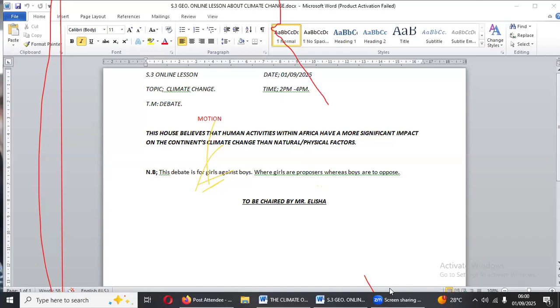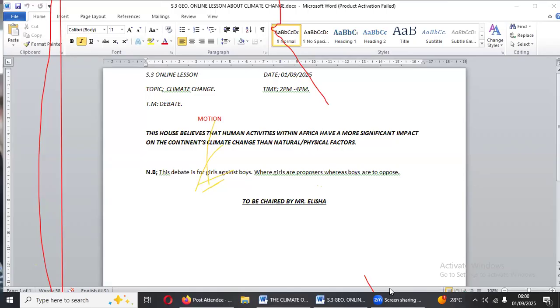Plus Erina on the side of girls, she was a very good defender for very many points, and she was able to give us a very good explanation about our motion. Then Josiah came in, but then again he had to run out from our side, plus that neighbor of Sumaya. They had to defend the girls. So, thank you so much, ladies and gentlemen.